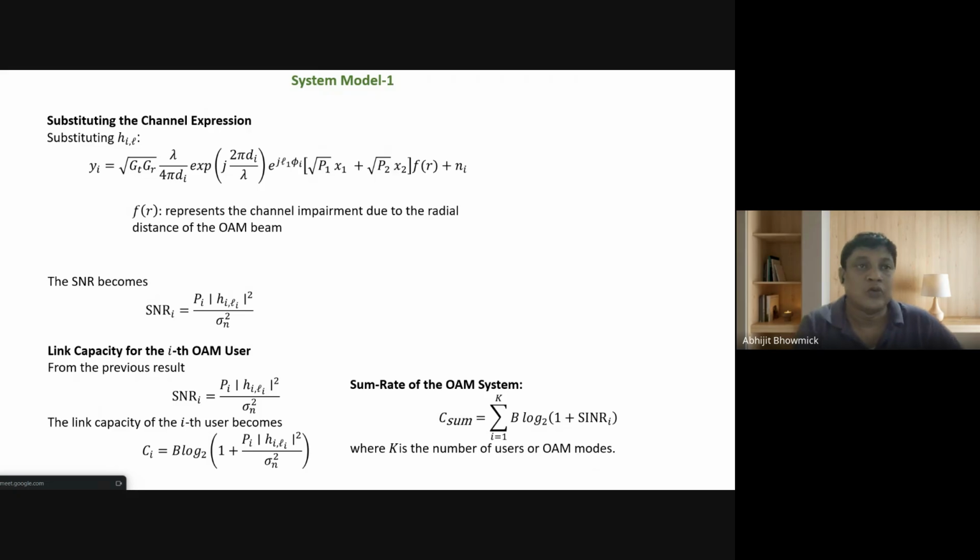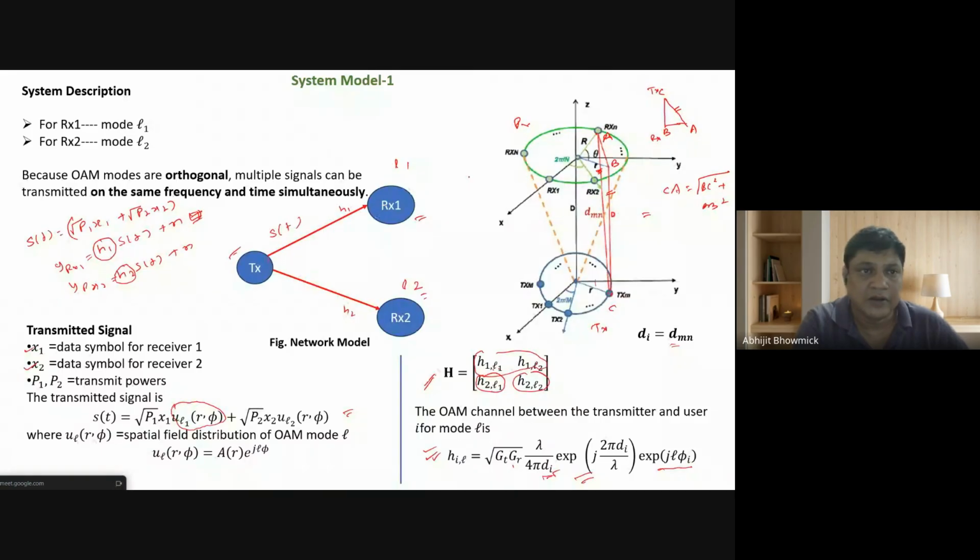Now, what would be the received signal? How can we describe it? If you look here, the received signal is basically describing the channel. This is the transmitted symbol, and this is F(r), a related function of r, which I'll tell you later. Normally, the transmitted signal is s(t), where the LG beam is there.